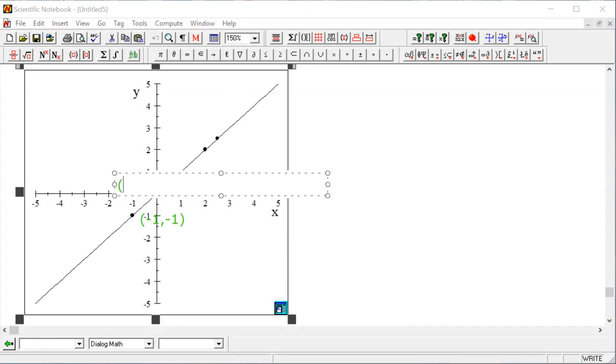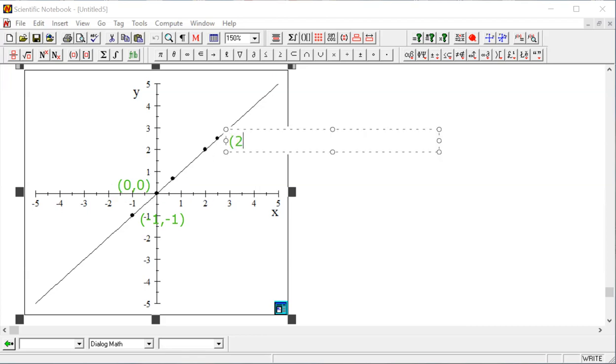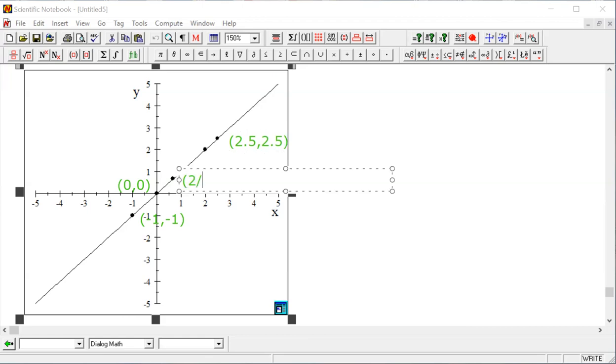You can see that 0, 0 is input and output. And over here, that's 2.5, 2.5, and this is 2/3. Input 2/3, output 2/3. So we got the graph for this function.